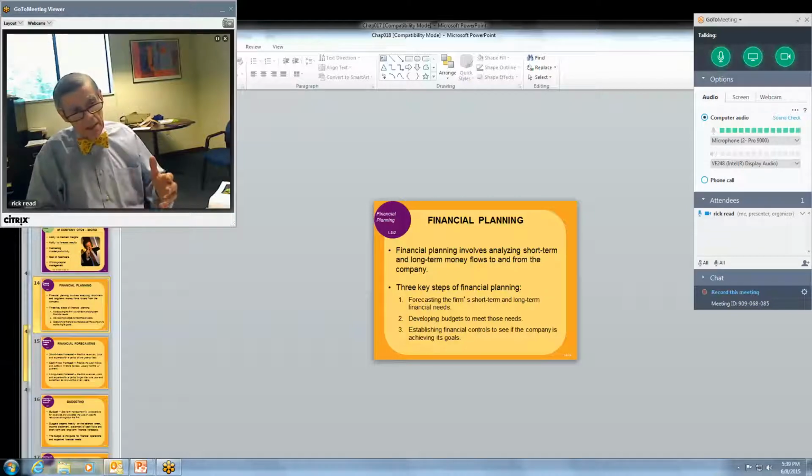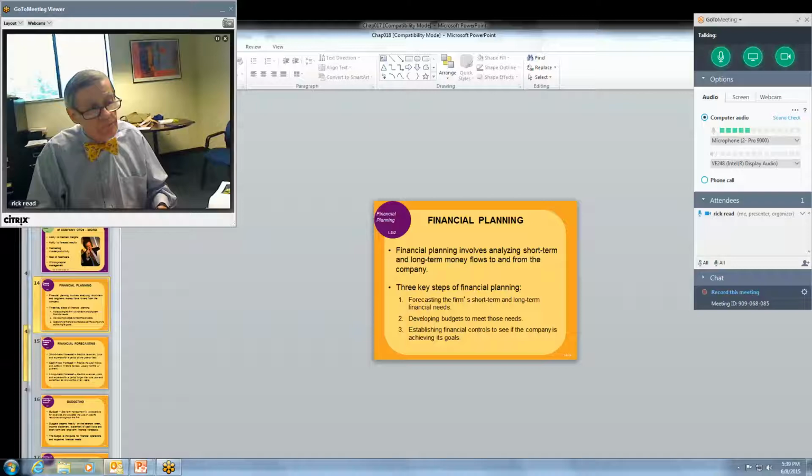I'm not an economist, but that's a statement that many people in the United States have been saying, who are economists, that China ought to let that currency float, find its actual resting place as opposed to pegging it to the dollar. So these are some things that financial planners have to be concerned about.